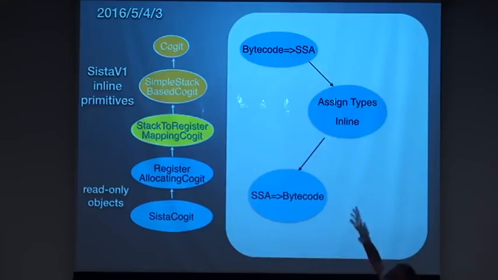And so it takes all of that information and it maps bytecoded methods into static single assignment and decorates it with this reached information and type information, and it does some analysis and inlining, and then it does SSA to bytecode, but it's bytecode plus the go-faster inline primitives, and then that is installed in method dictionaries, and then the next time you run this optimized method, the JIT generates much better code.